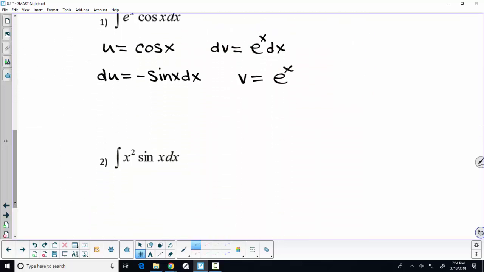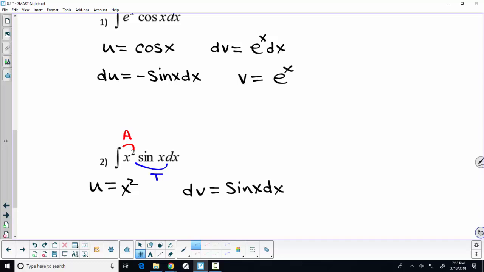Okay, how about problem 2? What should u equal? Should it be sine x? Yeah, because x squared is our algebraic. This is algebraic. This is trigonometric. So we're going to let u equal x squared, which means dv is what? Yeah, sine x dx.